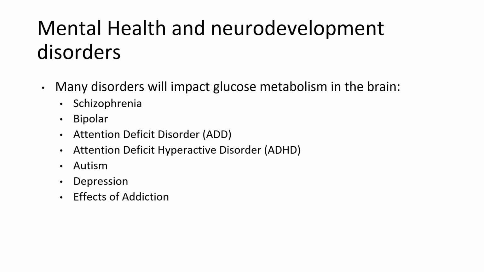And a lot of those things actually have impacted glucose metabolism. So some of the things that FDG can assess are schizophrenia, bipolar disorder, attention deficit disorder, attention deficit hyperactive disorder, autism, depression, and even the effects of addiction, alcoholism, things like that.